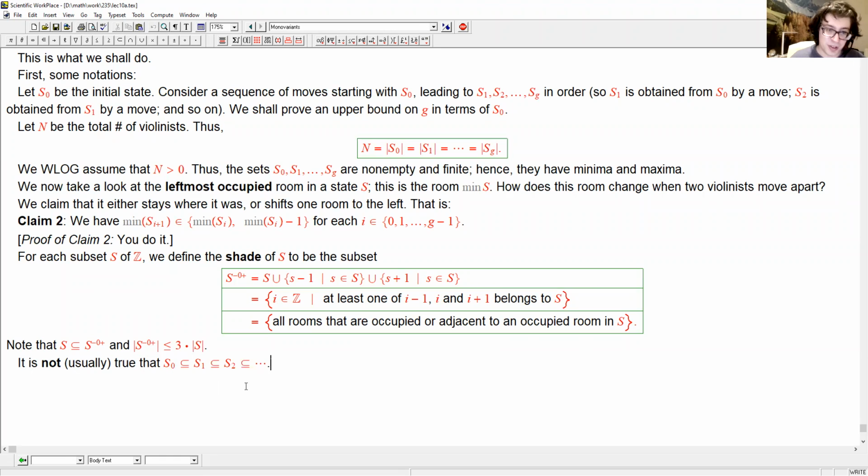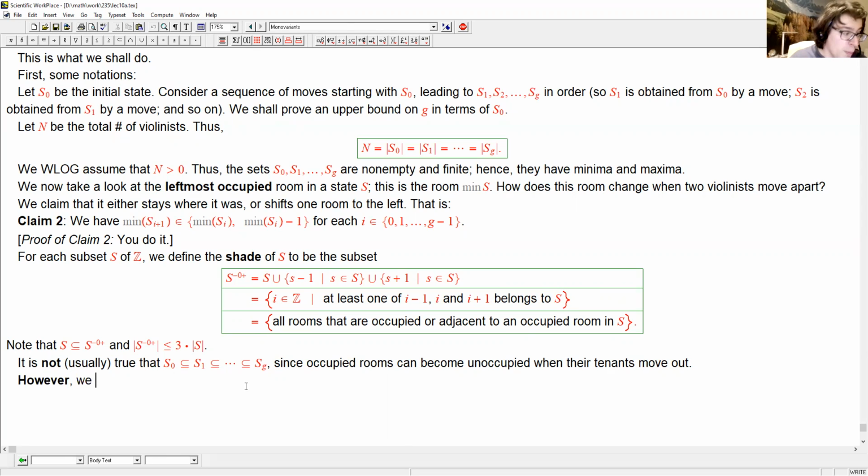So it is not true that the states keep increasing, because occupied rooms can become unoccupied when their tenants move out. That would be too nice if they would always remain occupied. However, basically the same relation holds for the shades.